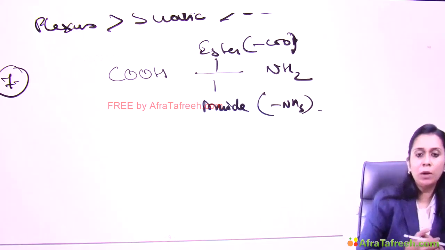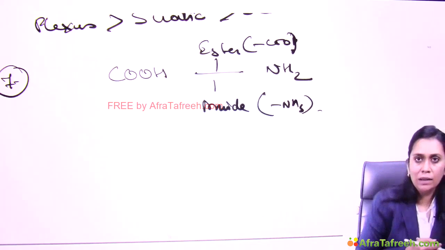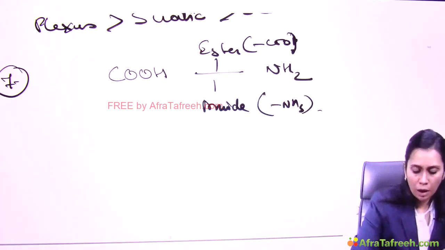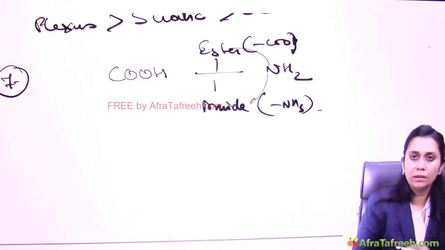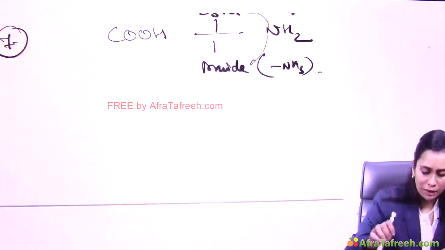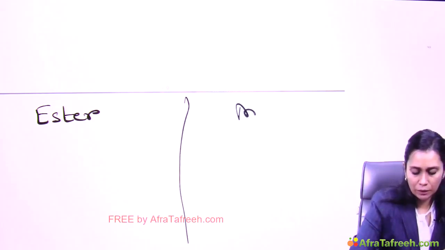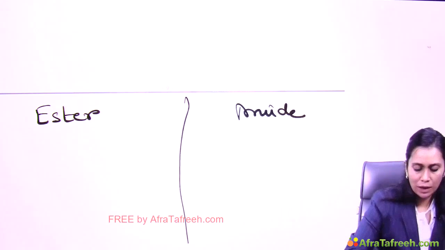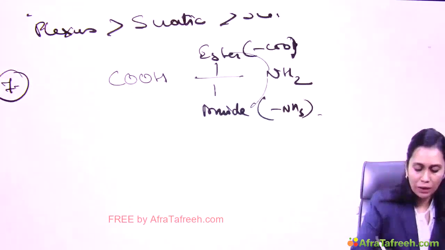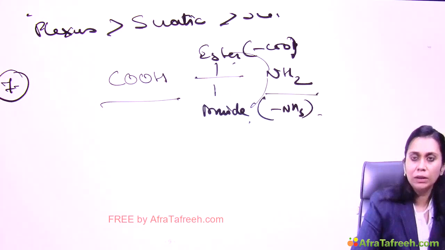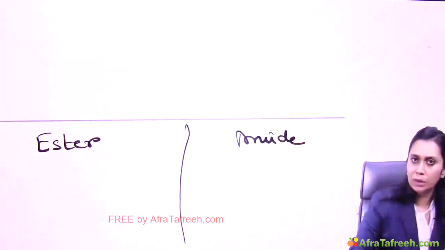So depending upon this, the local anesthetic is divided into two groups: amino ester and amino amide, that is, ester and amide. Got it? What bond attaches the aromatic group to the amino group, either ester or amide, depending upon it, it is divided into two groups.